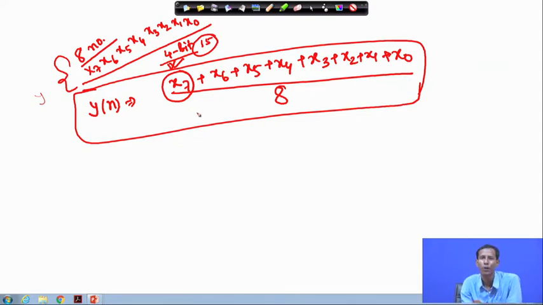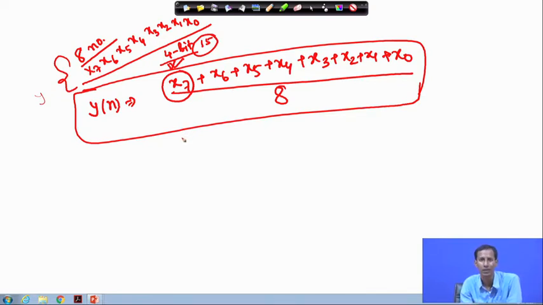Now, if I want to implement this function, how can I do it? In the parallel implementation, for the total, how many numbers do I have to add? That is 8 numbers. If I want to add using adders, they are of 2 inputs, so they can consider 2 inputs at a time. Considering that fact, how many adders do I require?